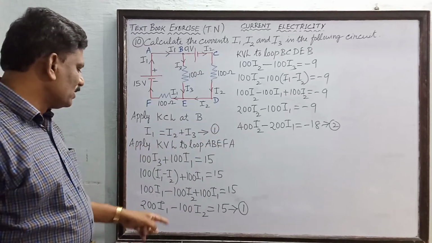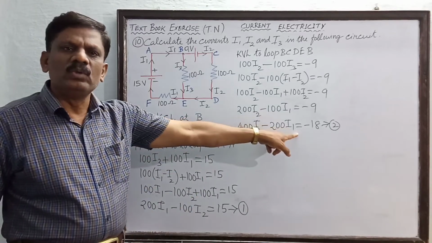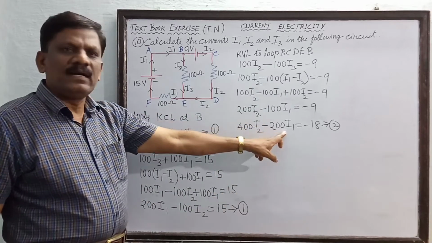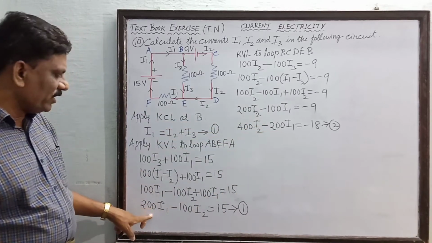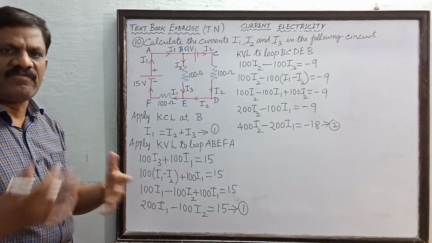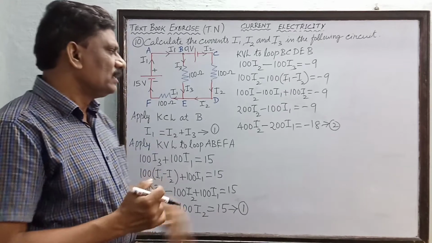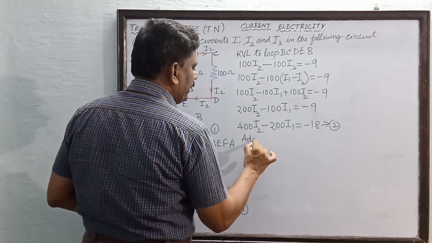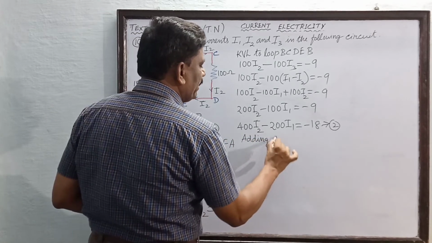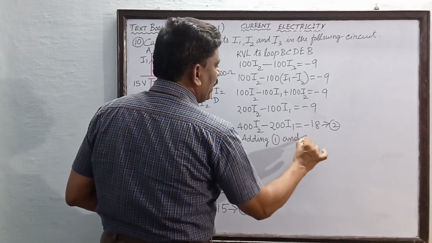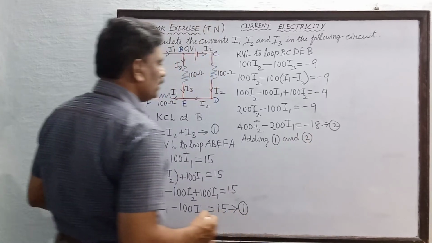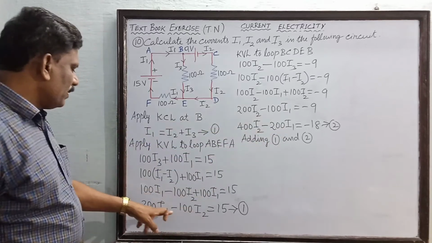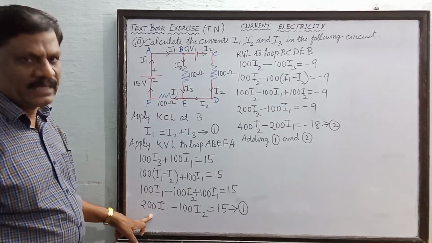Now look at equation 1 and equation 2. In the second equation, minus 200 I1 is there, and in the first equation plus 200 I1 is there. So if you add equations 1 and 2, this I1 can be eliminated. So adding equations 1 and 2, minus 200 I1 and plus 200 I1 get cancelled.